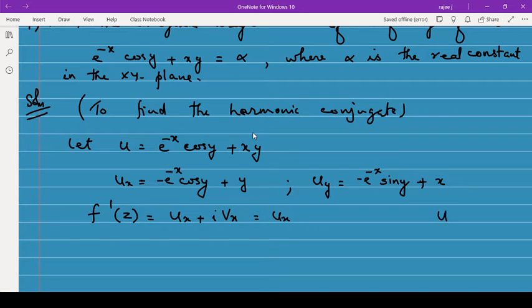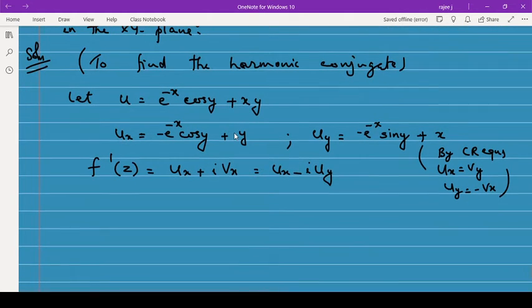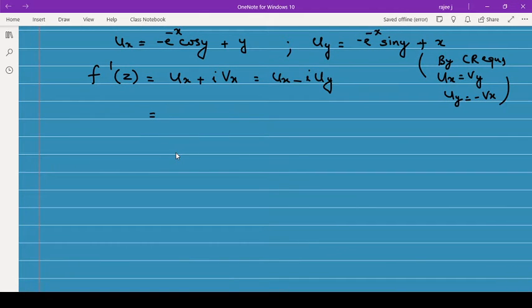We know ux equals vy and uy equals minus vx by the CR equations. So vx will be replaced by uy: ux minus iuy. So that is equal to, ux value we have this one.